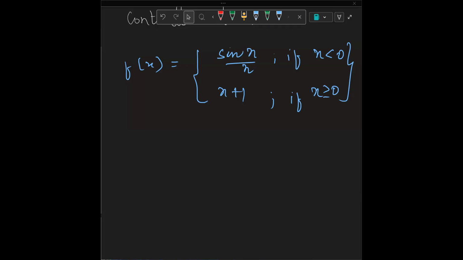Done, sir. You're done? Yes, sir. So what are the points of discontinuity? There's no point of discontinuity, sir. No point. Okay. Ali, what's your answer? Same. Anas, what is your answer?